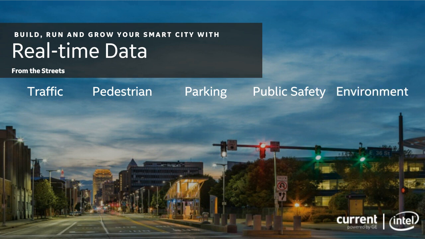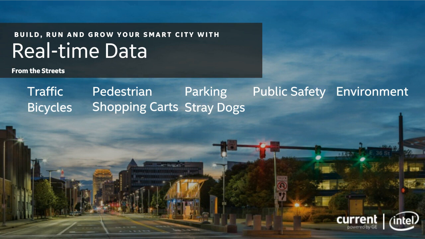And when we think about the nervous system, unlike our bodies, cities have a nervous system where there's traffic, where there's pedestrians moving around, where cars are parking, where there's public safety concerns, where the environment is changing, sometimes minute by minute, hour by hour, and sometimes in microclimates.